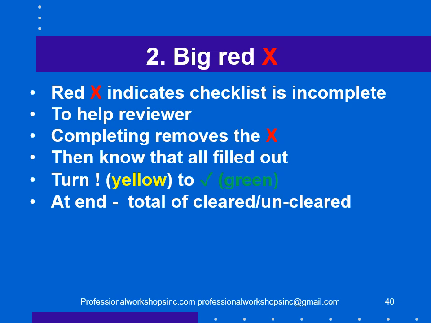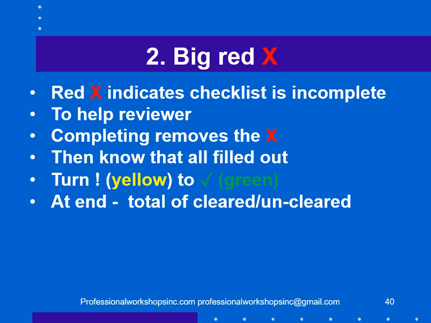The big red X in the top of the form indicates that the checklist is incomplete. And as a practitioner, one of the worries I always had was that I had to spend review time sifting through files and checklists to make sure every step was completed, and often you'd miss one. So the big red X just saves you a little bit of time.